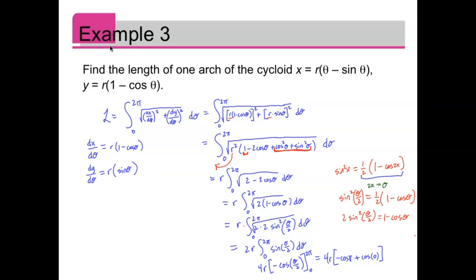Well, cosine of pi is negative 1, so we end up with positive 1 plus 1. 4r times 2, that's 8r. So the arc length in one arch of a cycloid is just 8 times the radius of the circle that's tracing out the cycloid.